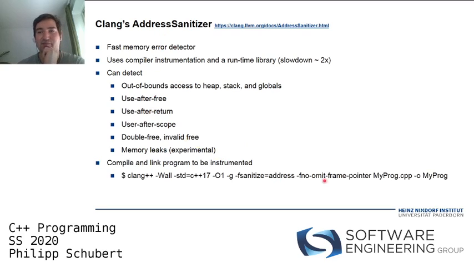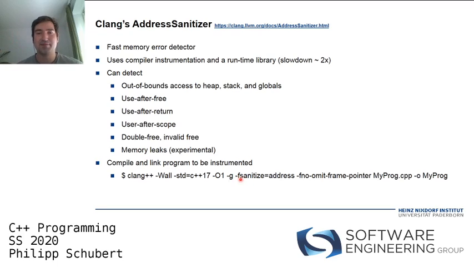You just compile your program, which in this case, for demonstration purposes, is just one file, myproc.cpp. You have all the warnings, you set the standard, you set some optimizations maybe, you set the -g flag, which tells the compiler, hey, please also include debugging information.